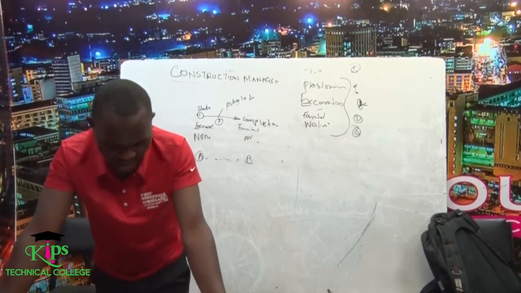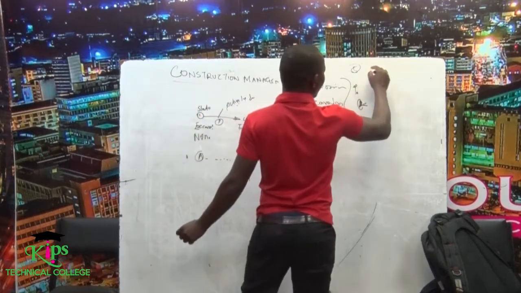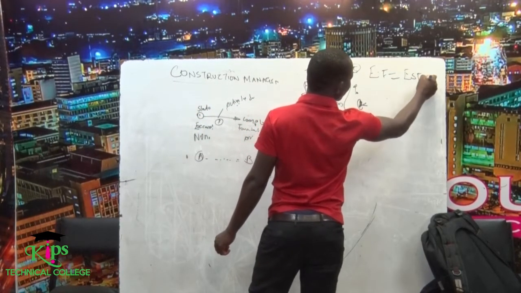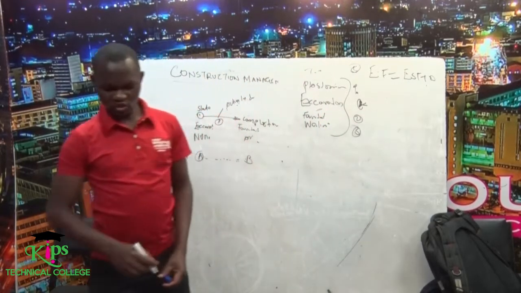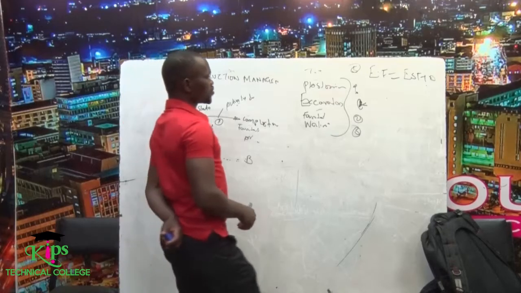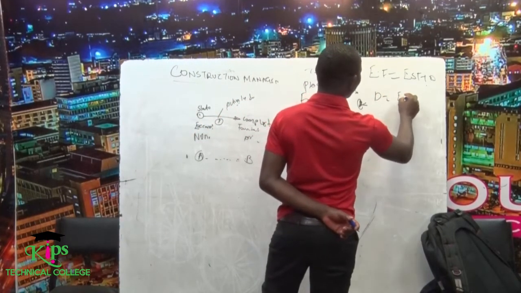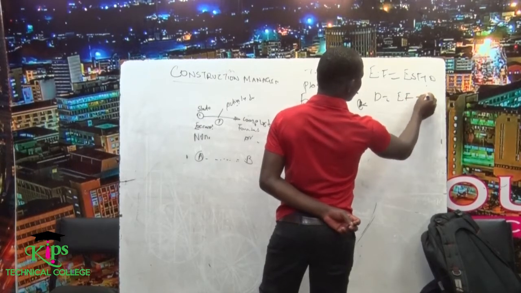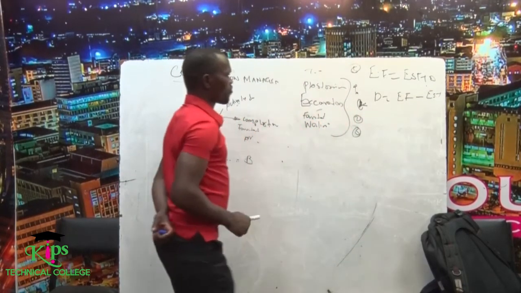Earliest finish time is equal to earliest start time plus duration. So when you are asked to get the duration, duration is equal to earliest finish time minus earliest start time. That is how we get it.